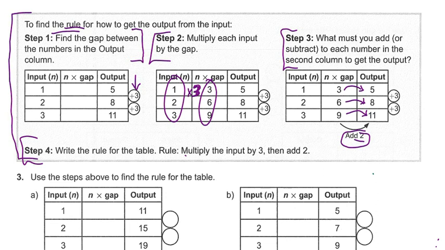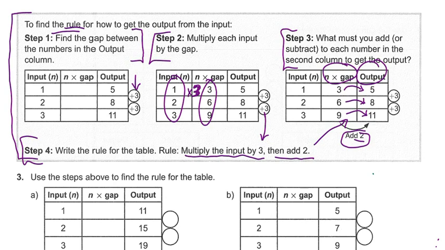The rule is multiply the input by 3, then add 2. So the gap is showing us what we're multiplying by, and then we're having to look and say, how do I have to change that result of n times the gap? How do I have to change that to get it to be the output? And in this case, it's add 2. So the full rule, multiply by 3, add 2.